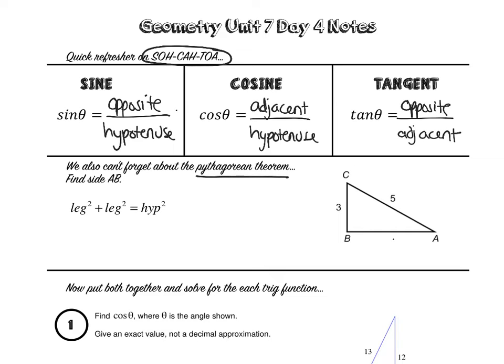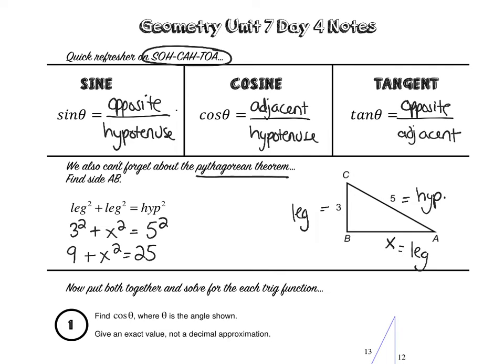So if we're trying to find this side, AB, we're going to call it X. We're going to set it up. Remember, 3 is a leg and 5 is the hypotenuse. X is another leg. So we have 3 squared plus x squared is equal to 5 squared. 3 squared is 9 plus x squared is equal to 25.